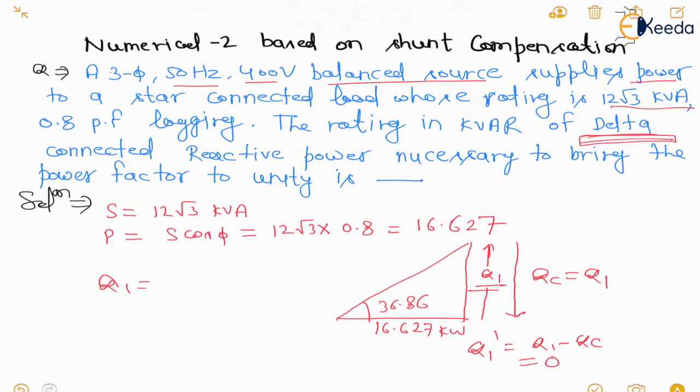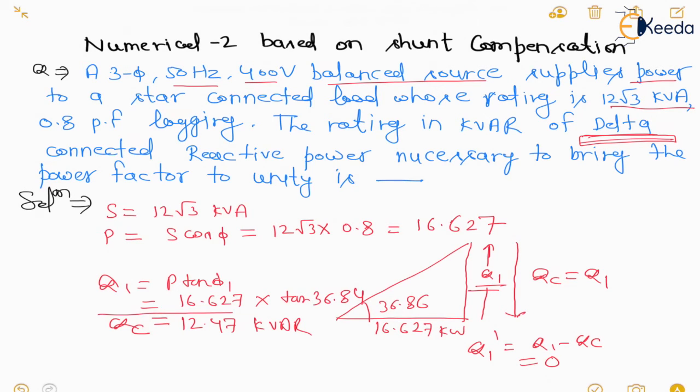Q1 is P times tan phi 1, which is 16.627 into tan of 36.86, and that comes out to be 12.47 kVAR. So this QC value of 12.47 kVAR is the answer.